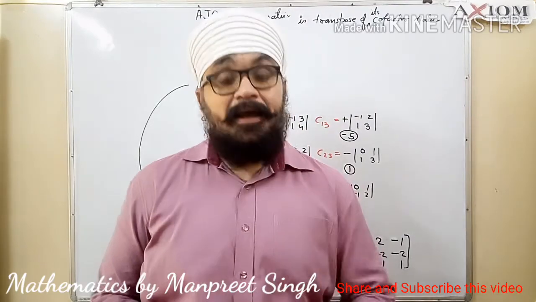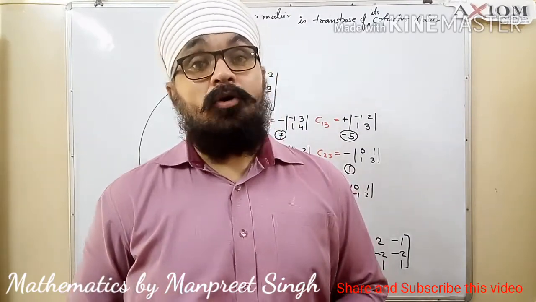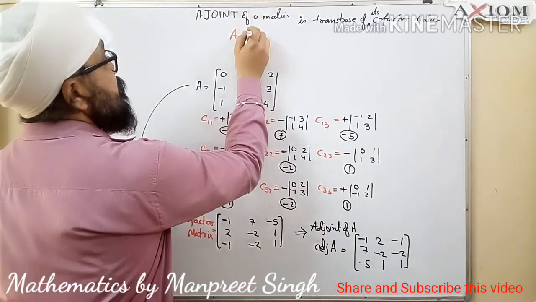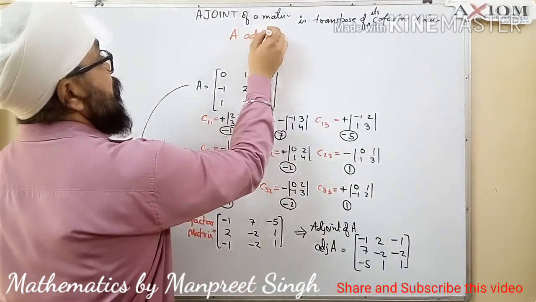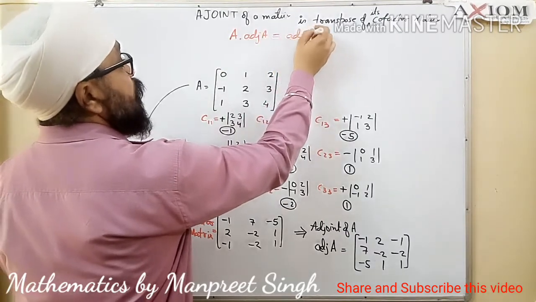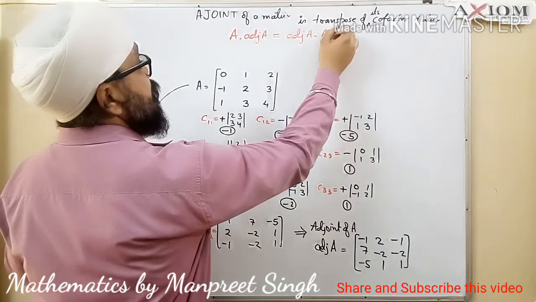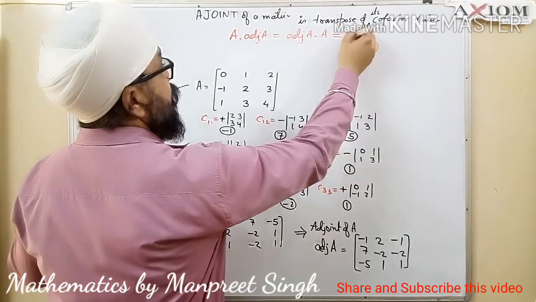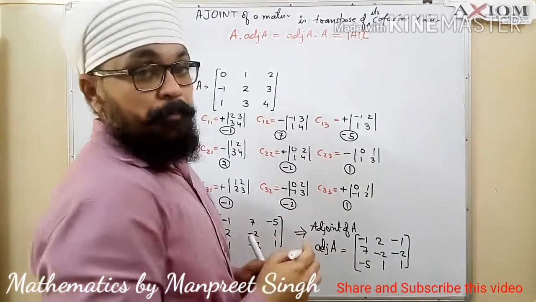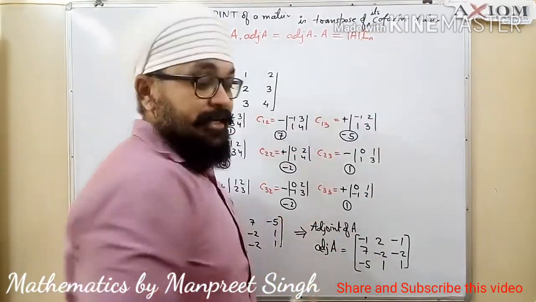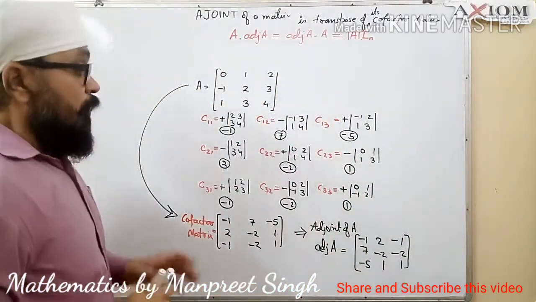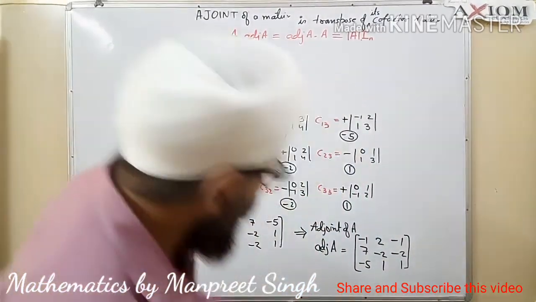But there is one matrix that will obey this commutative law, and that is the adjoint. This means the multiplication of A with the adjoint matrix, and the adjoint matrix into A, will always give you a scalar multiplication with the identity matrix, A times adjoint A equals determinant of A times I n. I am writing here n stands for the order. Clear?